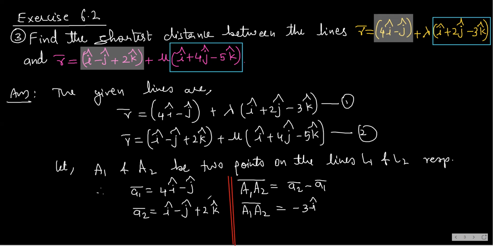So i cap minus 4 i cap is minus 3 i cap, and 0 j cap minus j cap, minus of minus j cap, that is minus j cap plus j cap, 0 j cap, and plus 2k cap. This is your A2 bar minus A1 bar. You got it. So what is A2 bar minus A1 bar? It is equal to minus 3 i cap plus 2 j cap.